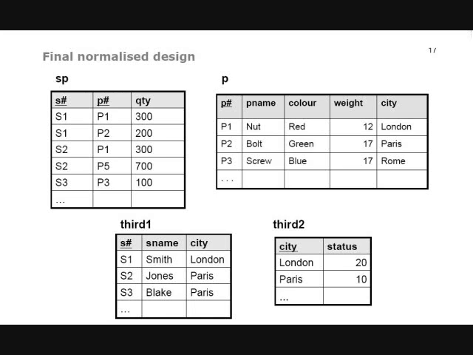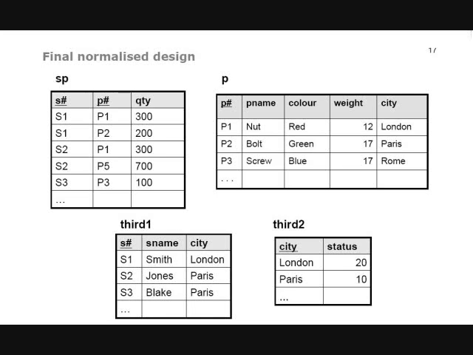So that's already in second normal form. And because there are no transitive dependencies, it's also in third normal form. And then I have the third normal form tables that I've derived, one of which has the S number, S name, and city, and then the city and the status. And I have dealt with the problem of redundancy in the data. And therefore, I should have none of these update anomalies that we talked about before.